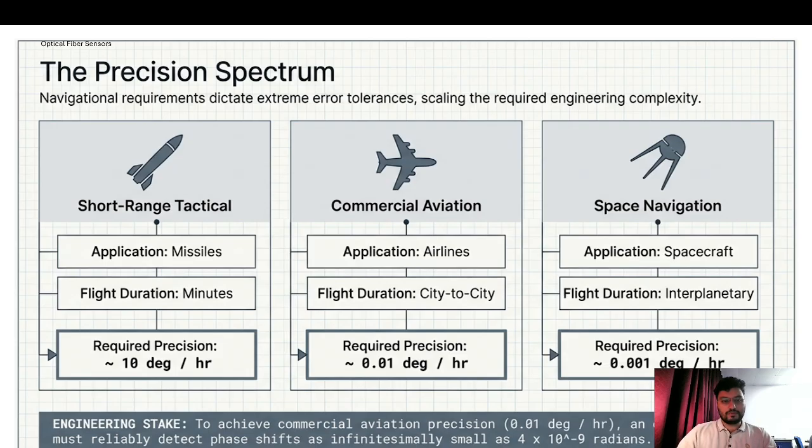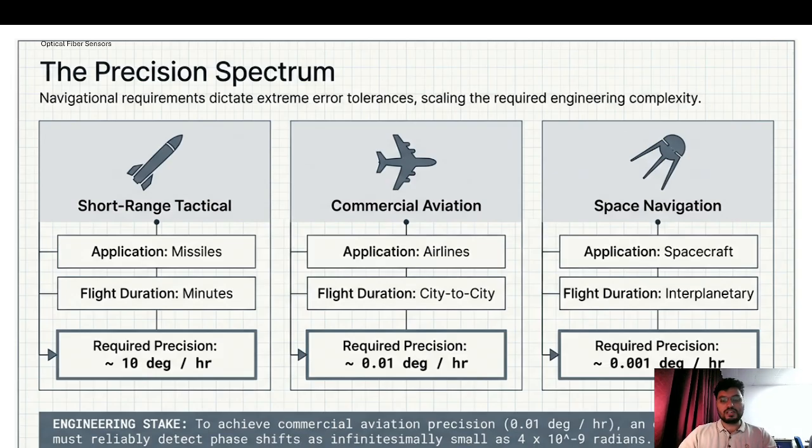For the precision spectrum, the navigation requirement dictates extreme error tolerance, and these scales are given here. For short range tacticals like a missile, the flight duration is a few minutes, and the precision required is approximately 10 degrees per hour.